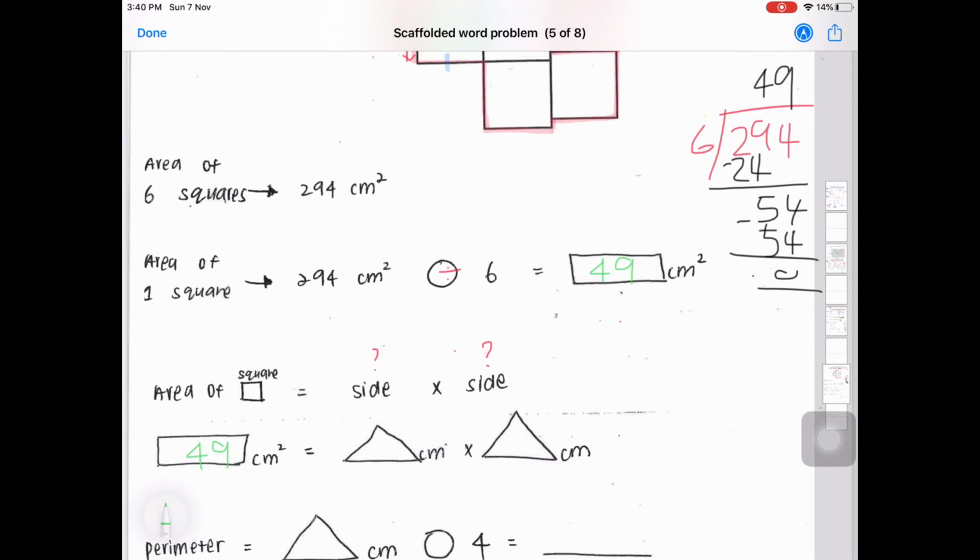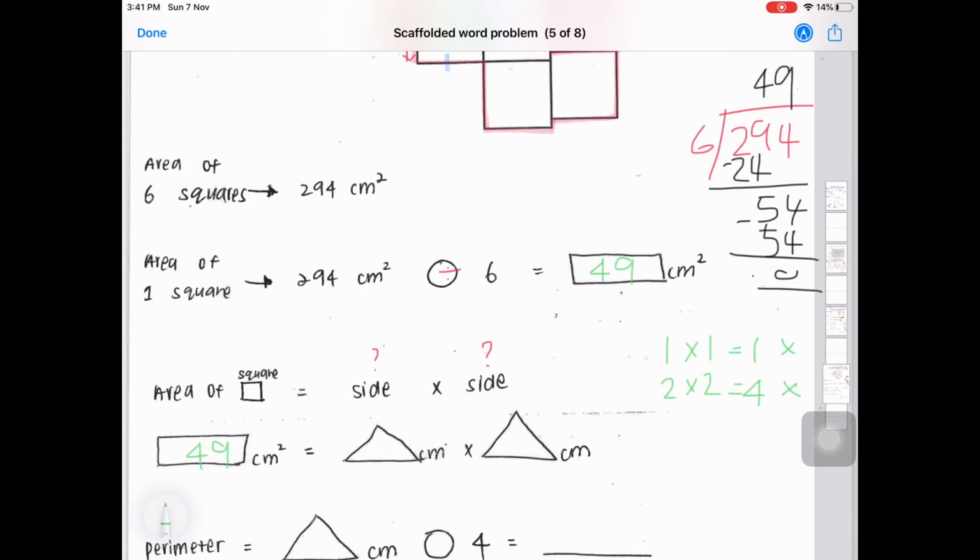Let's think. Is this 1 times 1? 1 times 1 is 1. It is not 49. So nope, the side is not 1 cm. How about 2 times 2? Is the side 2 cm? No, because 2 cm times 2 cm would be 4 square centimeters. So it's not 2 as well.